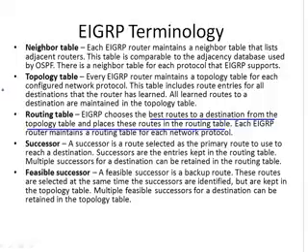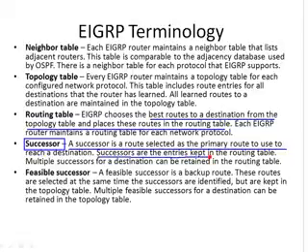Now, successor: what is a successor? As I've told you, from the topology table it chooses one of the best paths that is shifted to the routing table. That best path is known as the successor path. A successor is a route selected as the primary route to use to reach a destination.